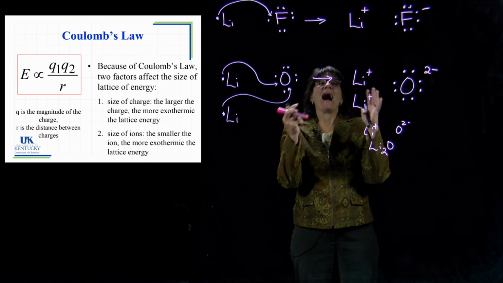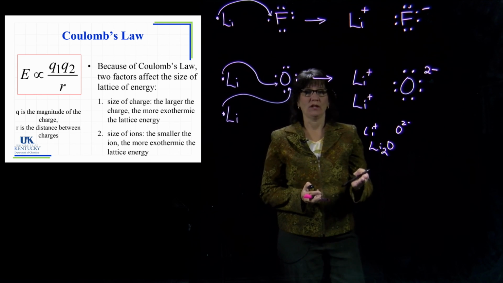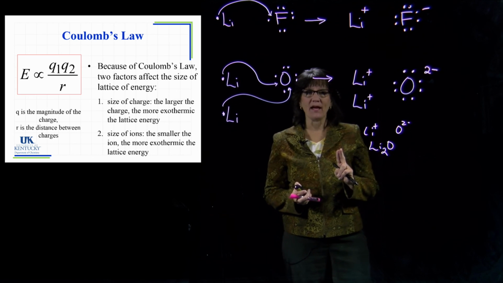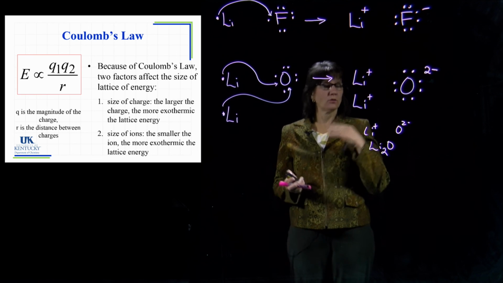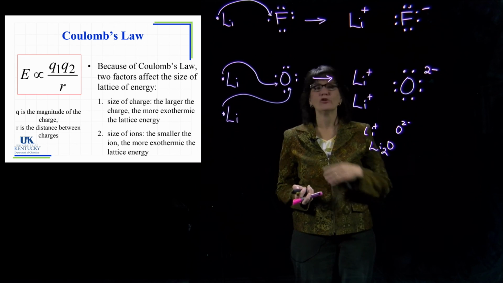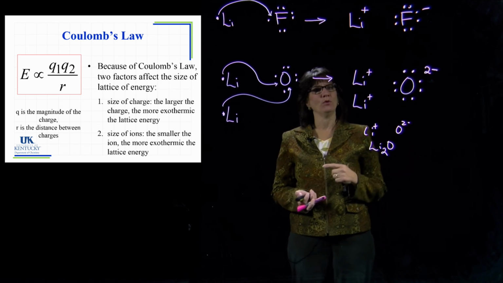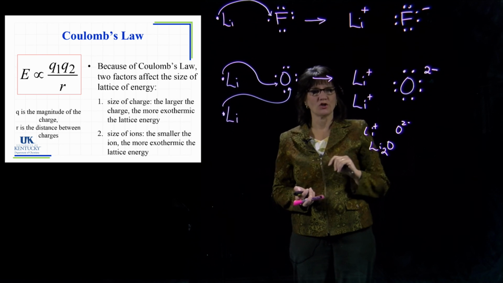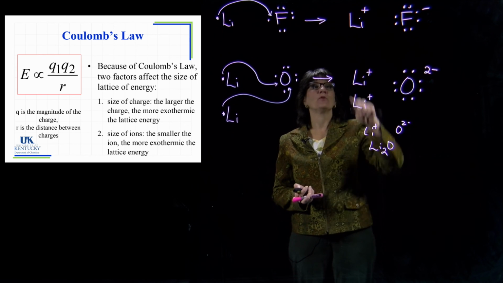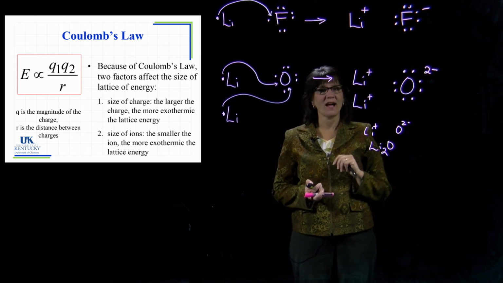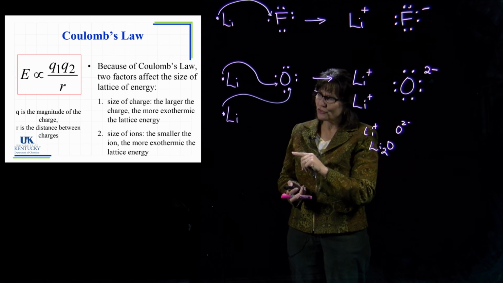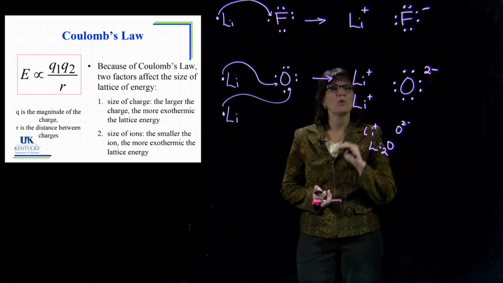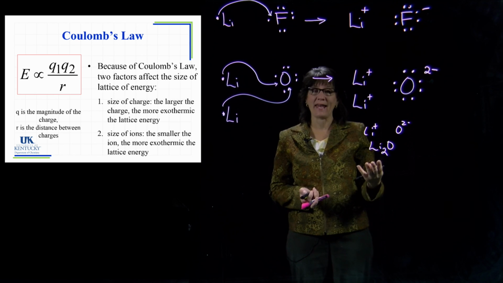So I'm going to be asking you eventually to look at ionic compounds and decide which one's going to have the greater lattice energy. And you're not going to be looking at that table. You're going to only be looking at the periodic table, which will get you the charges, or looking at the periodic table to get the relative size of the ions. And then you're going to use those two statements that you see there to rank things according to their lattice energy.